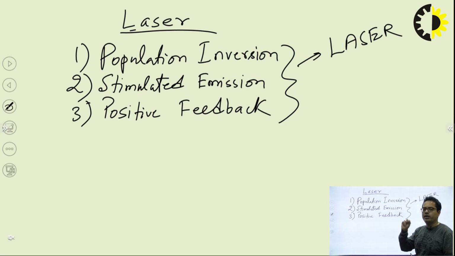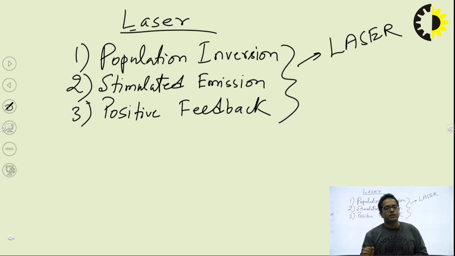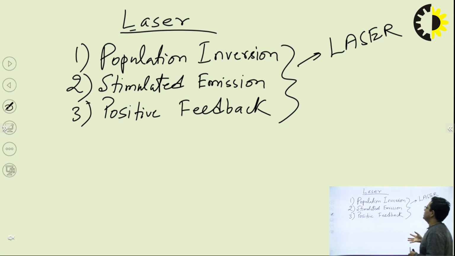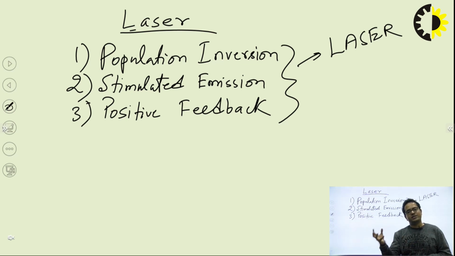That's why it is called population inversion, because initially at the ground level in equilibrium, most of the electrons are in the valence band, but by pumping energy, we are exciting the electrons to move into the higher energy level, and now you are reversing the number of electrons. Initially they were residing in the valence band, now they are residing in the conduction band. That's why it is called population inversion.